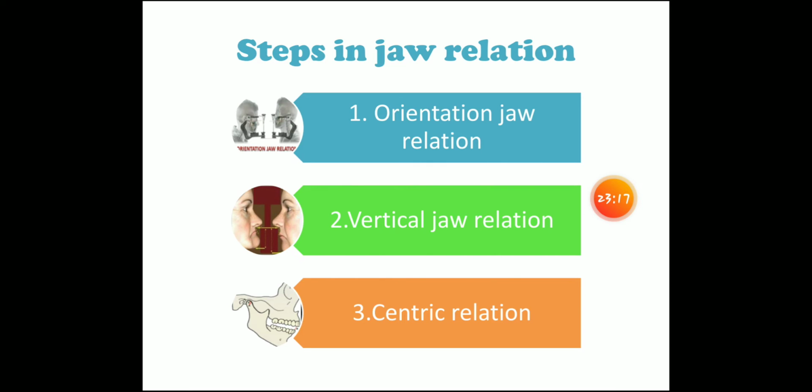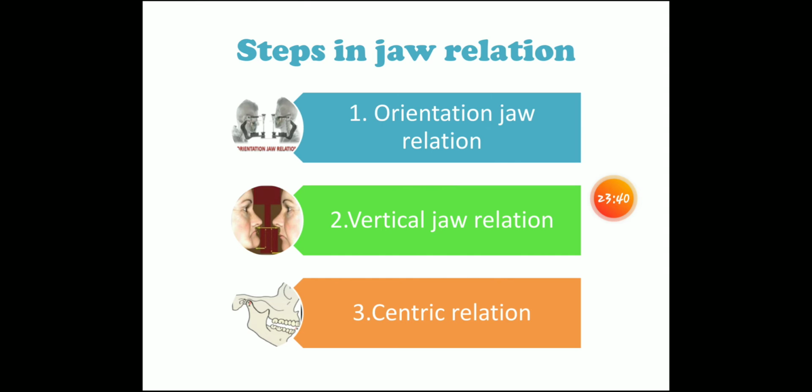Okay, after orienting or angulating at a particular position, then you have to establish the vertical jaw relation, that is the rest position. And after that you have to go for the centric relation. Why is that? How to remember it? Because centric relation is given at an established vertical dimension. That means you are supposed to do a vertical dimension before the centric relation.